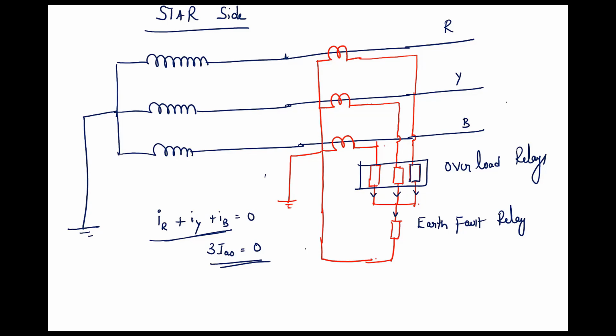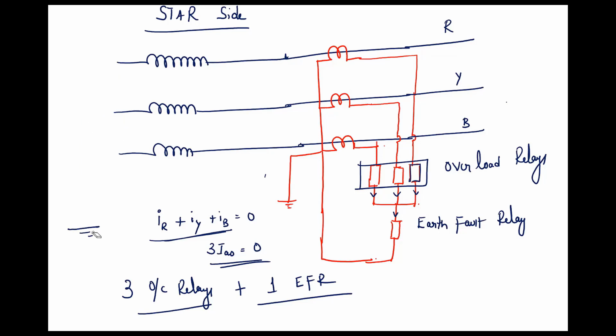So this is how you implement it on the star side. For this you require three overcurrent relays plus one earth fault relay, to implement the overcurrent and short circuit protection in the transformer. Suppose the windings are delta connected, this scheme will become as you can see here.